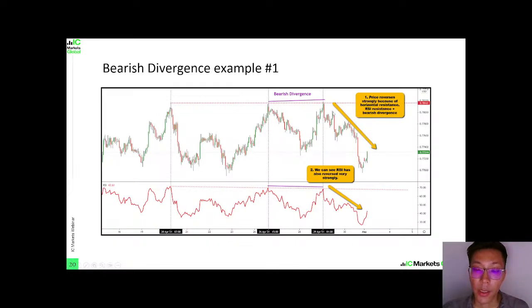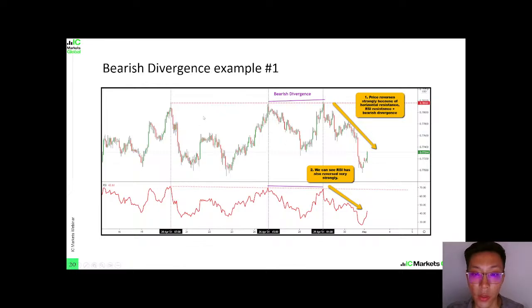Then we can see right here in this example, price actually reverses strongly because of our horizontal resistance plus RSI resistance as well as our bearish divergence. We can also see that RSI has reversed very strongly from here. So this aligns very well.